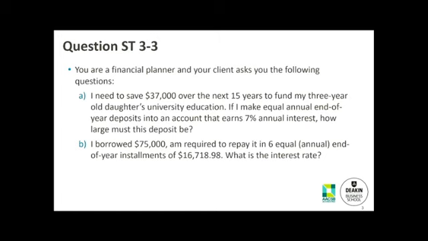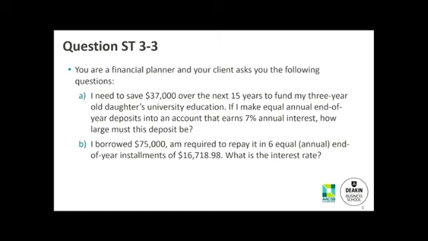Now I want to know, if I make equal annual end-of-year deposits, equal payments at the end of each year, at equal time intervals, how much money should I put into the bank every year if the interest rate is 7%? Equal annual end-of-year payments, what is it?